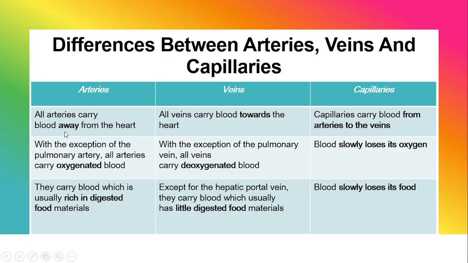Then arteries carry blood which is usually rich in digested food materials, while the veins, except for the hepatic portal vein, carry blood which usually has little digested food materials. And the capillaries carry blood that slowly loses its food components.